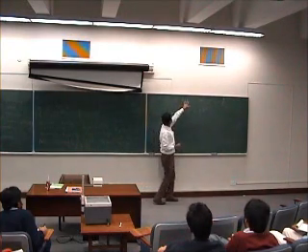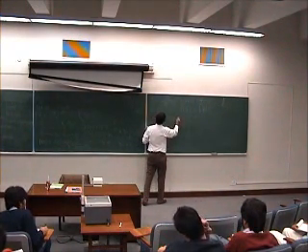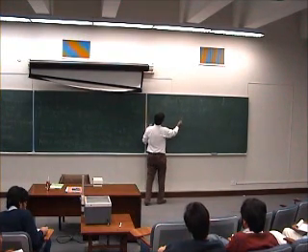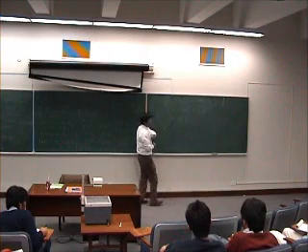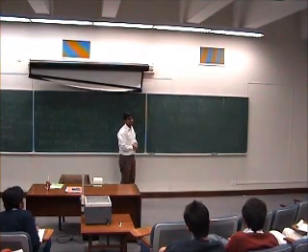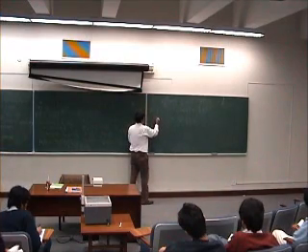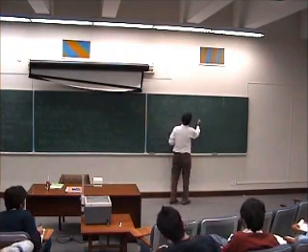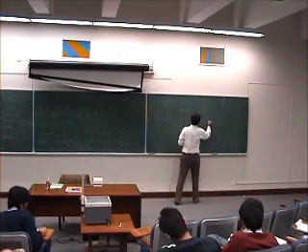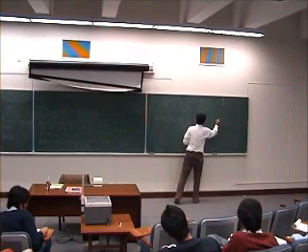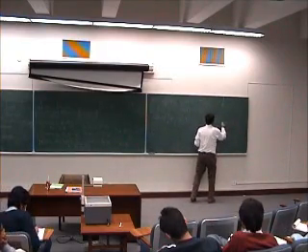So this expression becomes exponent minus iota omega naught t over h bar over 2 alpha, plus iota omega naught over h bar over 2 beta. So the h bars cancel out.